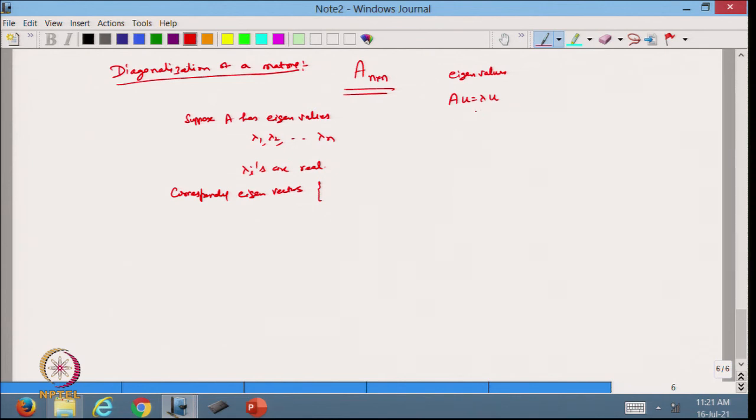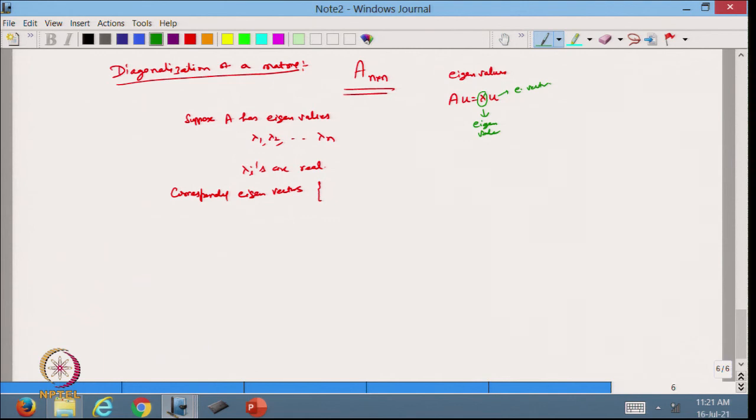It is the same thing, eigenvalue and eigenvector.